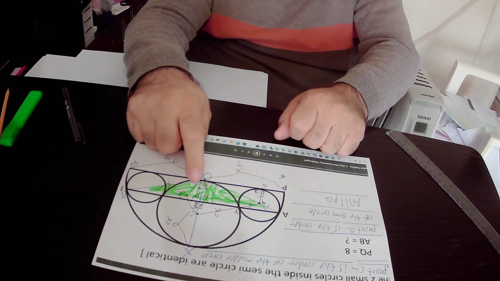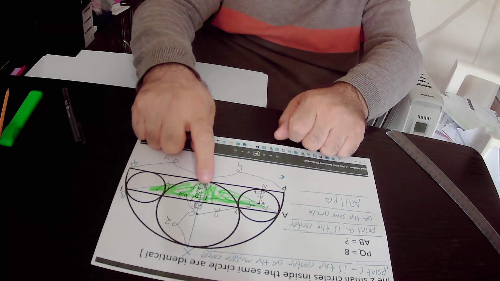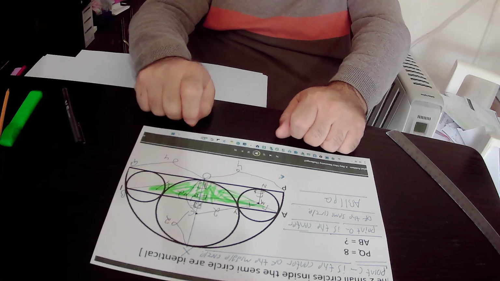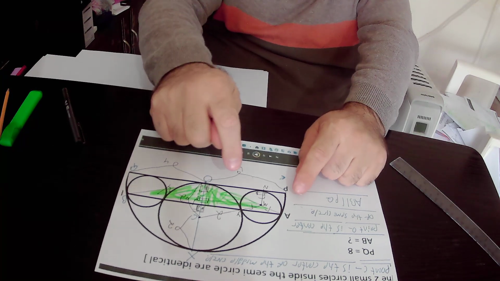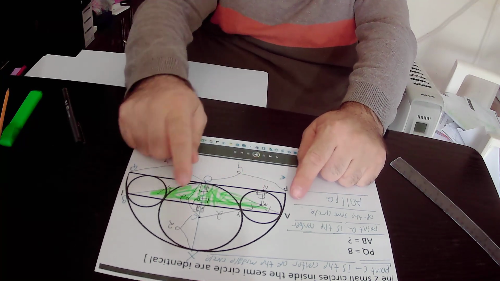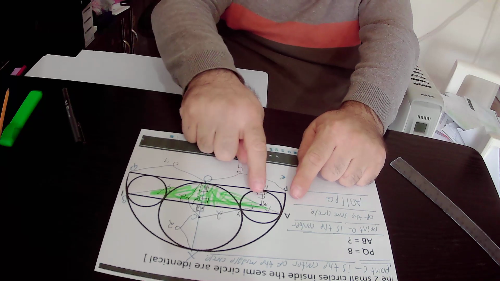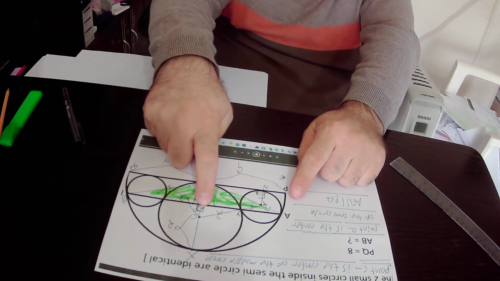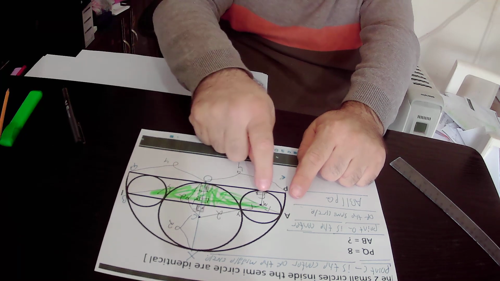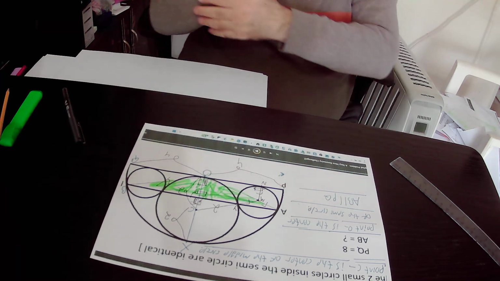That is to say this angle equals 90 degrees and this angle also equals 90 degrees. Then we draw a perpendicular from point M to CO. So this angle is 90 degrees and this angle is also 90 degrees because this is perpendicular to CO.